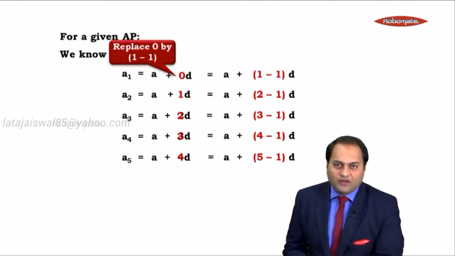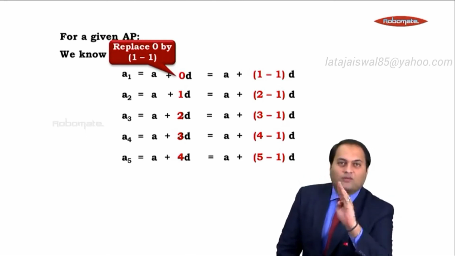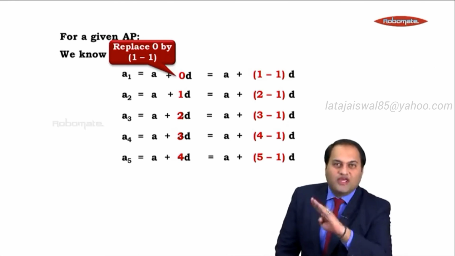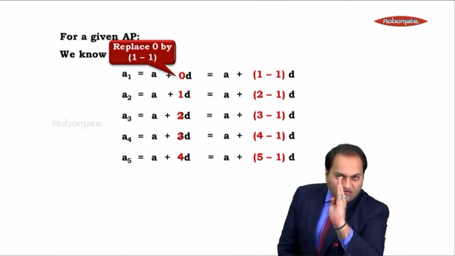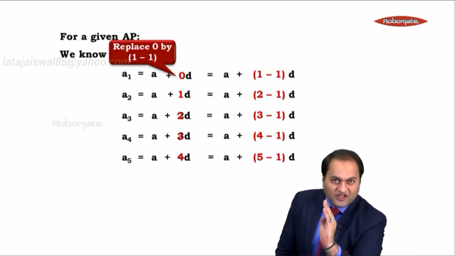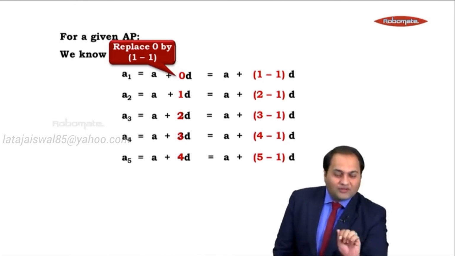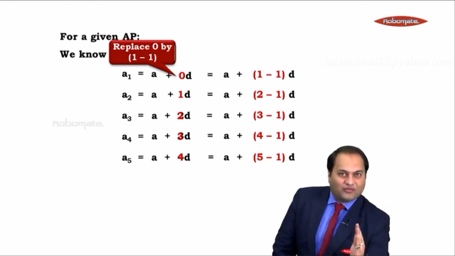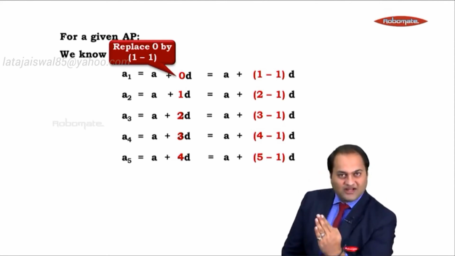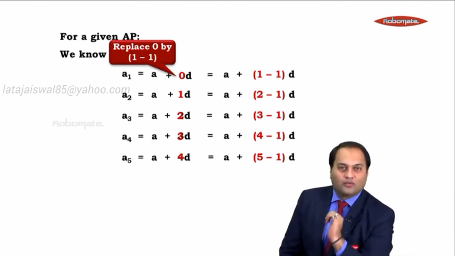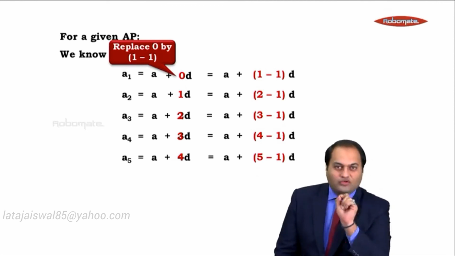Is this concept clear? Now observe, A1 is A plus 1 minus 1 into D, A2 is A plus 2 minus 1 into D, A3, A4, A5. Can you see in all the terms, A plus is common, minus 1 is common, and D is common, right? The only thing which is changing are the numbers inside the bracket, 1, 2, 3, 4, 5.